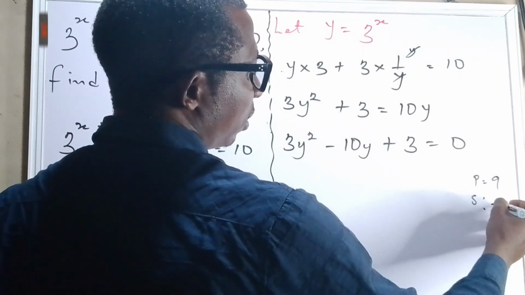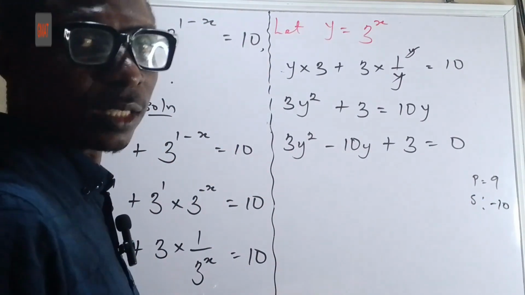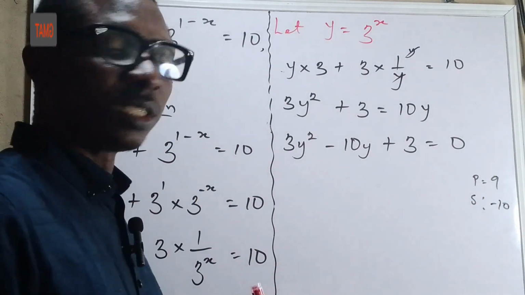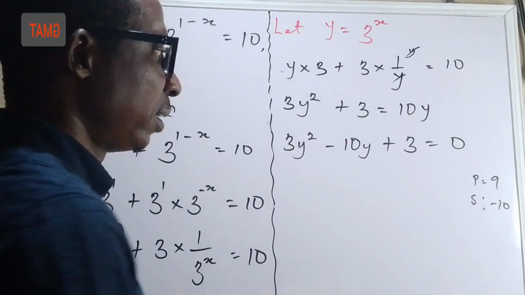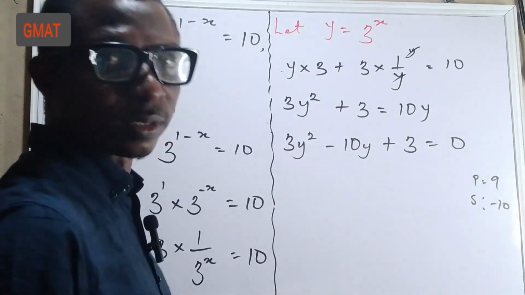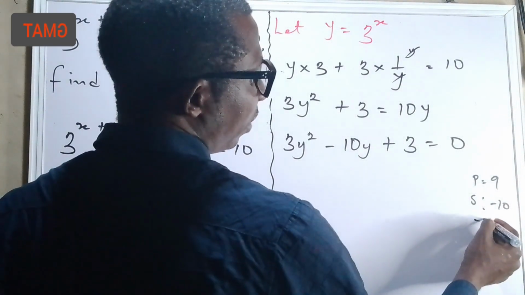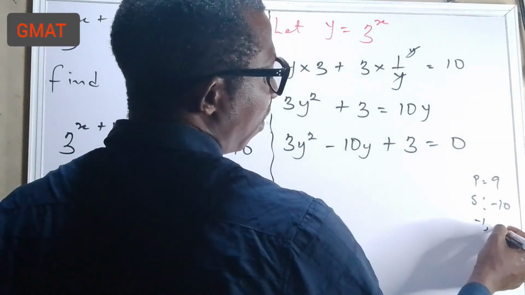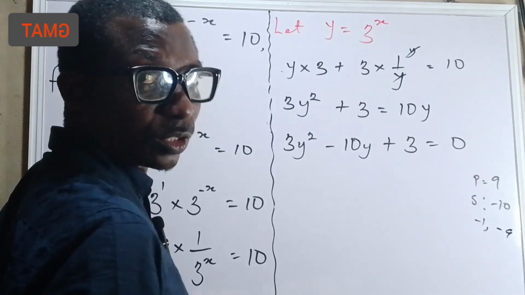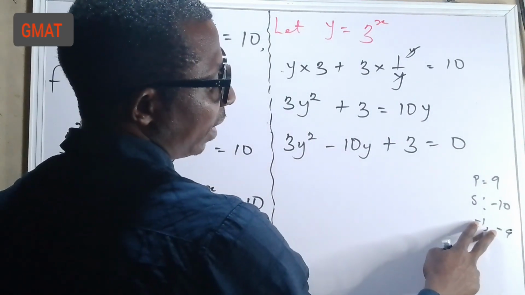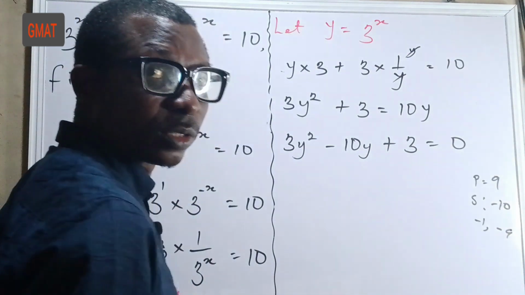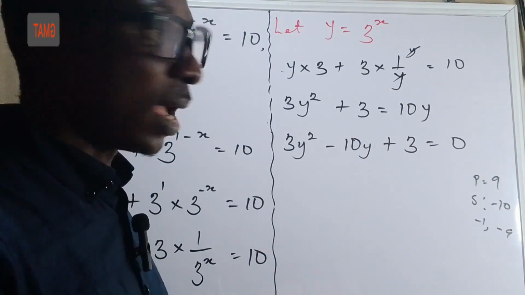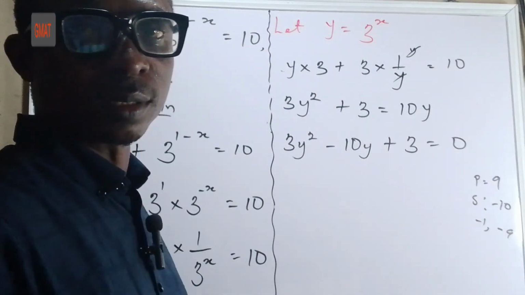So now you look for two numbers such that when you multiply together you have 9, and when you add together you have minus 10. The two numbers are minus 1 and minus 9. You see, when I multiply minus 1 and minus 9 together, I have plus 9.